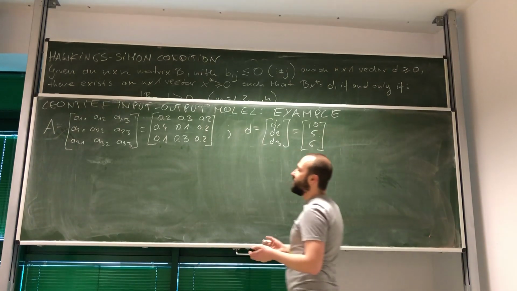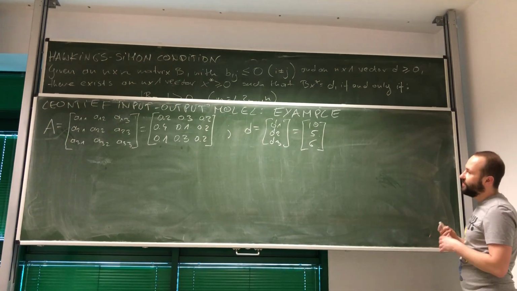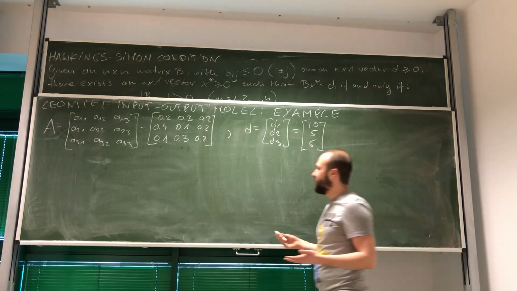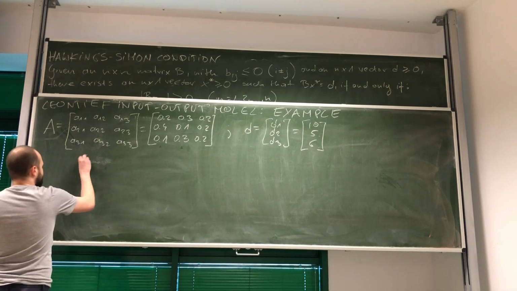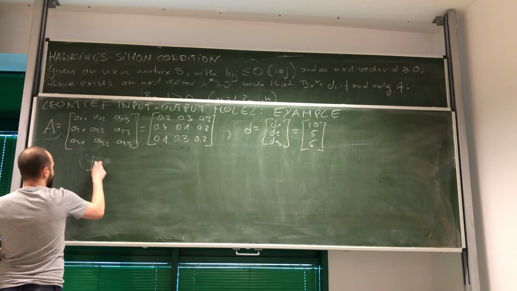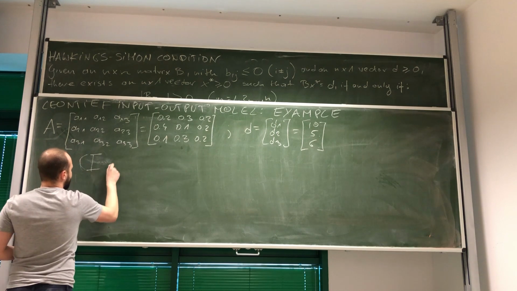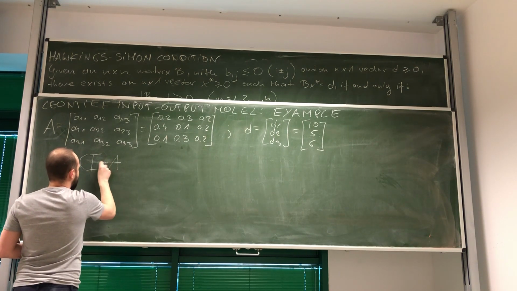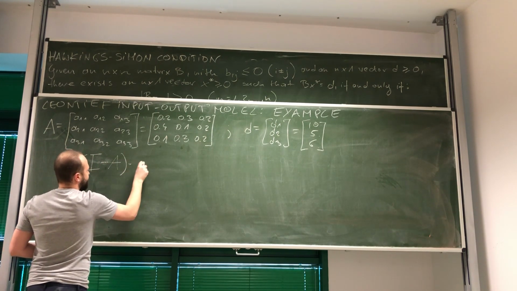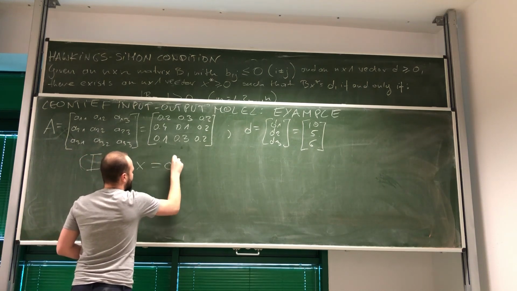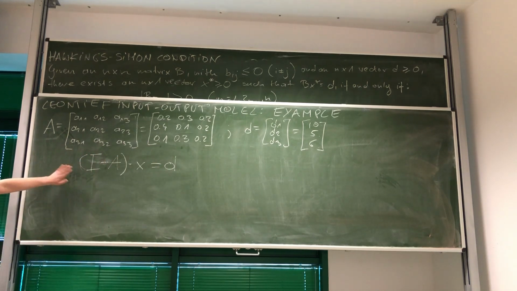Okay, so we learned that in order to deal with this, we need to first find the Leontief matrix, given by I minus A, times X will be equal to D. Okay, so let's start by writing down this matrix.